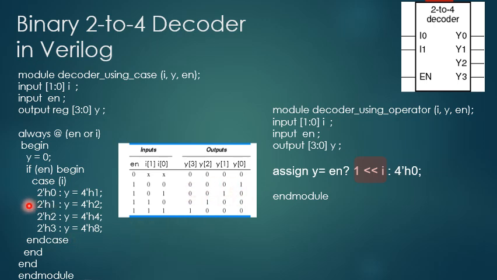So after you list down all the possible values of the I signal and the statement that show what happened if I is holding that value, then you can end the case statement with end case. Okay, since you have a begin after the if, then you have to end it with end also.